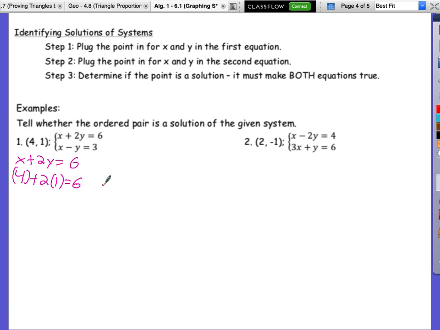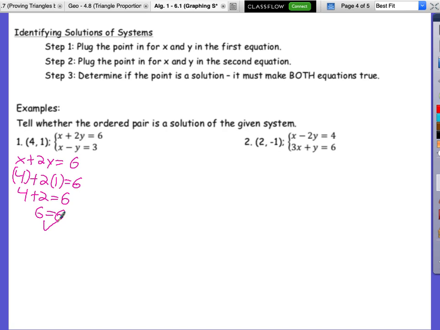The 4 would be where the x is, because that's our x coordinate, and the 1 would go where the y is, because that's our y coordinate. So we put that in the equation. From here we would solve. What is 2 times 1? 2. What is 4 plus 2? 6. Jacob, is 6 equal to 6? Yes. Awesome. So the first one worked.